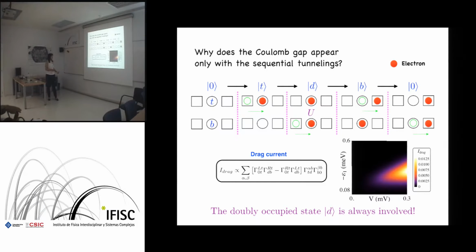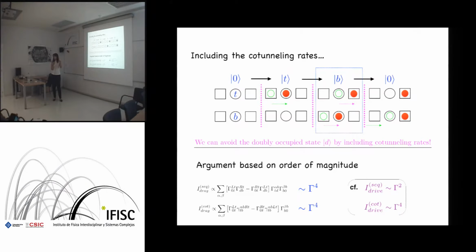However, now we allow not just to pass electrons one by one, which is what happens in the sequential tunneling, but also 2 electrons simultaneously.